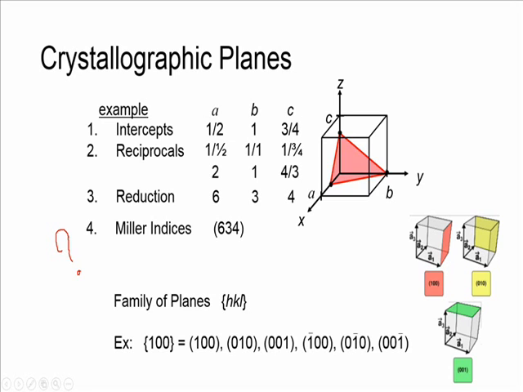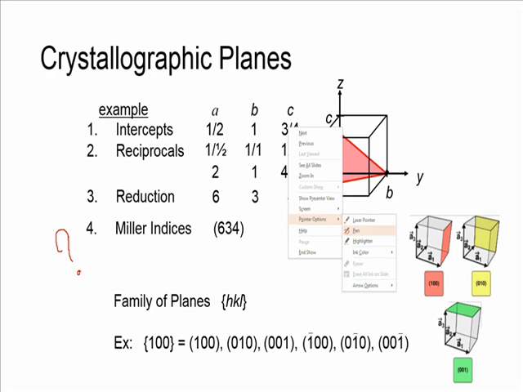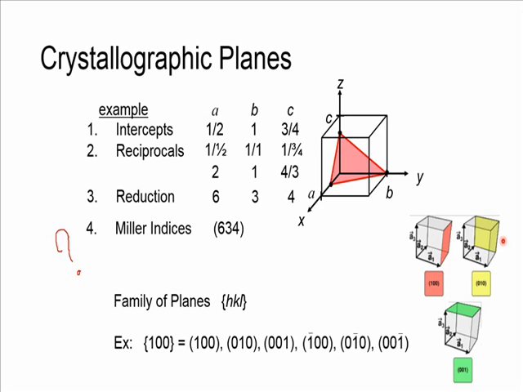This is mainly because the way atoms are located in these different planes in a crystal is the same. So this is how we show it. We enclose all these indices inside a curly bracket.